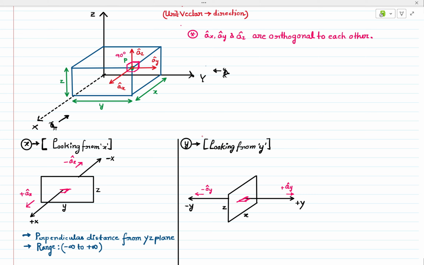So now you can write what is y. I can write the y as nothing but the perpendicular distance, just like x. I can write the y is the perpendicular distance from the xz plane, right?